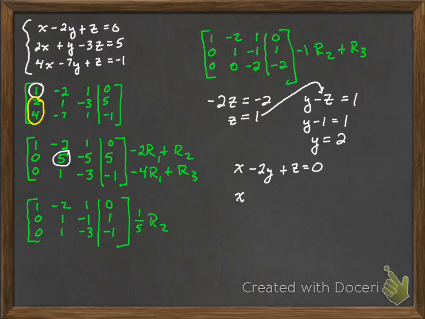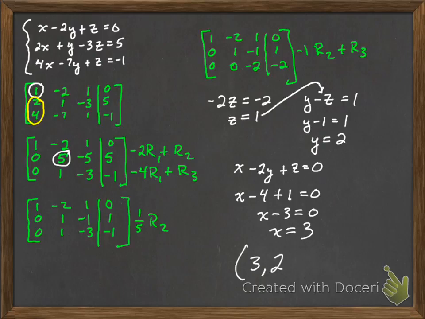So therefore that gives us x minus 2 times 2, so that's minus 4, plus the z value, which was 1, equals 0. We now have x minus 3 equals 0, so x is equal to 3, meaning our solution is now the x value, 3, the y value of 2, and then the z value of 1.